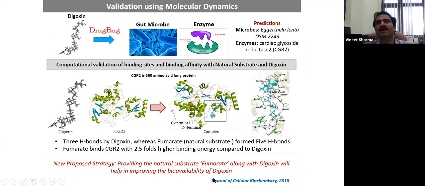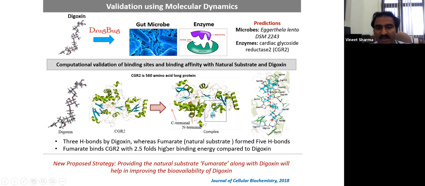And for some typical cases such as digoxin and amphetamine, we also showed whether the enzyme which is proposed to act on the drug is actually binding to it. We showed by molecular dynamics that yes, it is binding to that drug. However, it is binding with much lesser strength. The natural substrate, fumarate, binds with 5 hydrogen bonds.